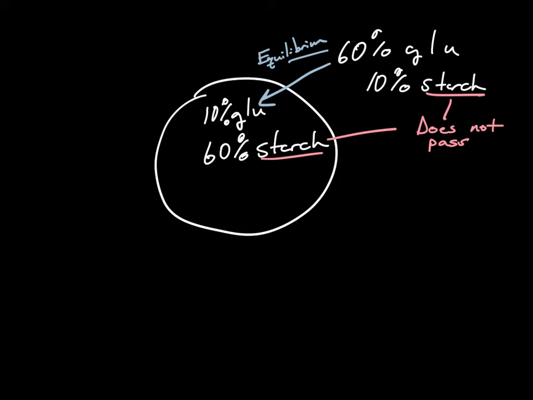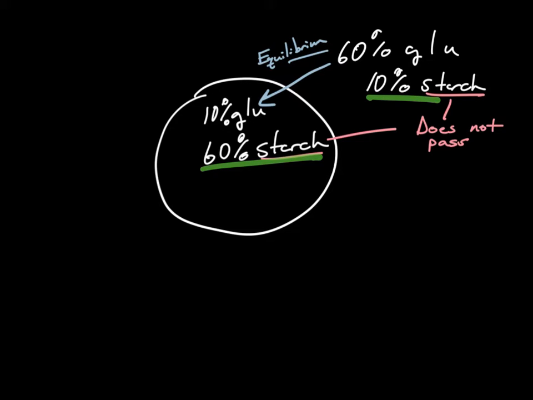So because this equilibrates, the only thing that's going to be a difference in concentration in the cell is going to be this 60% and this 10% that's starch. Those are going to be the only two that are going to determine the percent water, the difference in the percent water, if you will.